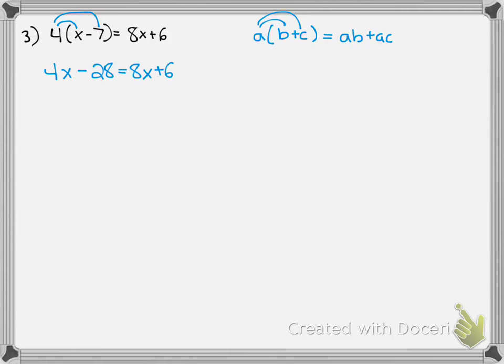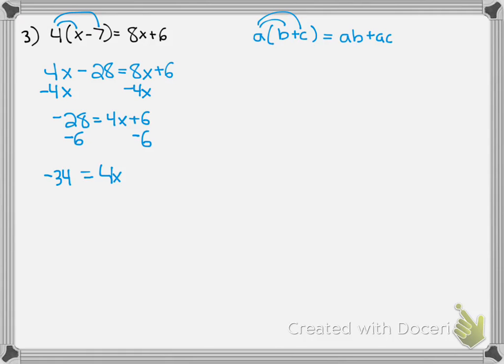So now let's subtract 4x from each side, or you could subtract 8x. Again, does not matter. We get negative 28 equals 4x plus 6. Now subtracting 6 from each side, I get 4x equals negative 28 minus 6, which is negative 34.